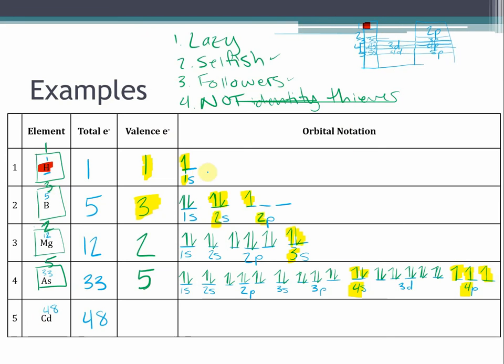So hydrogen, the element is in the first row of your table in the s block, and its orbital notation ended in the 1s orbitals. Boron is right here. Boron is in the second row of your table in the p block of your table, and its orbital notation ended in the 2p orbitals.